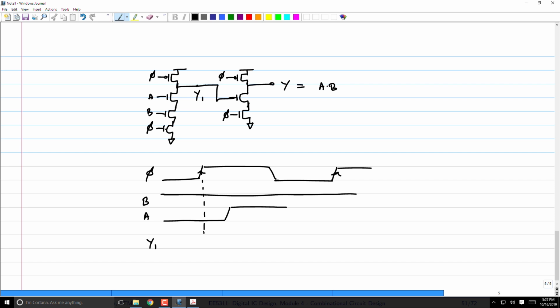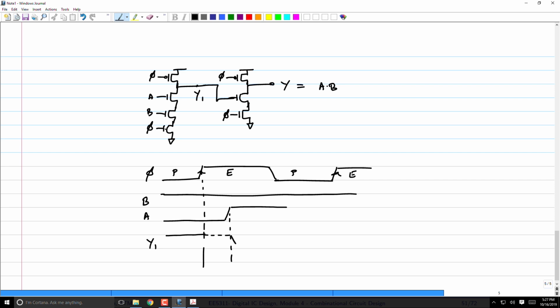So again, let's plot this very clearly and carefully. Y1 will be, this is pre-charge phase, this is evaluate phase, pre-charge, evaluate, right? Y1 is logic high in the pre-charge phase. Then input A is 0. So therefore the output will now float at high impedance till the input A rises.